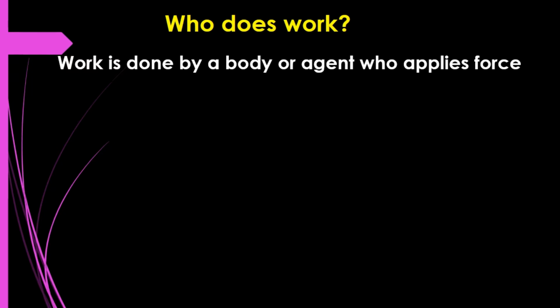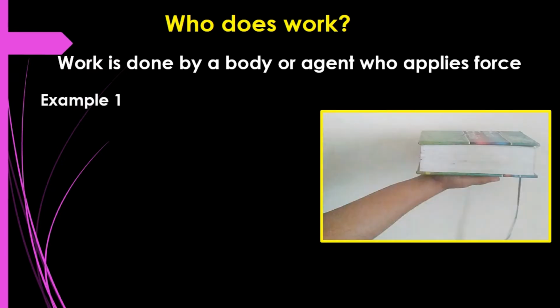Let us understand this with the help of an example. Consider a situation in which you take a book and lift it upward to a certain height. You lift a book and raise it upward. In this case, what is the work done? Is it positive, negative or zero? Let's find out. Here, you apply force on the book in the upward direction.